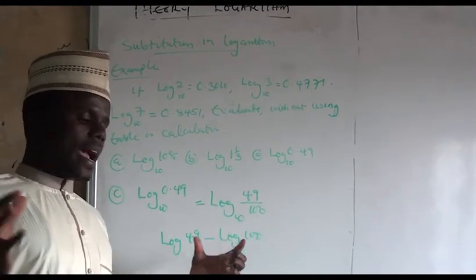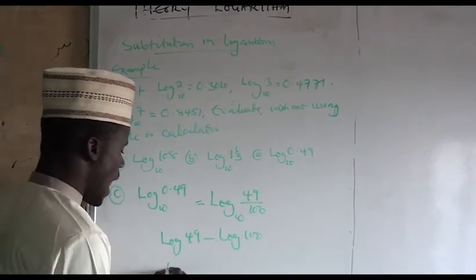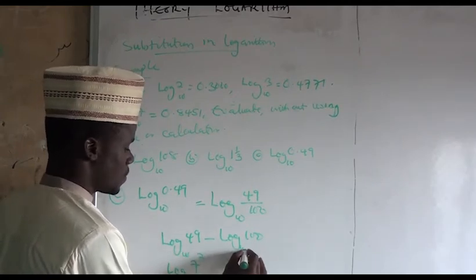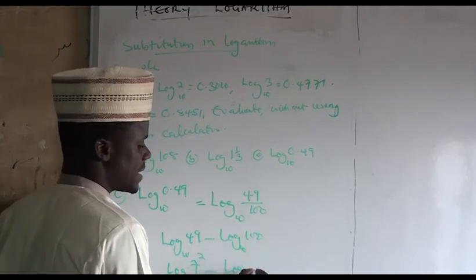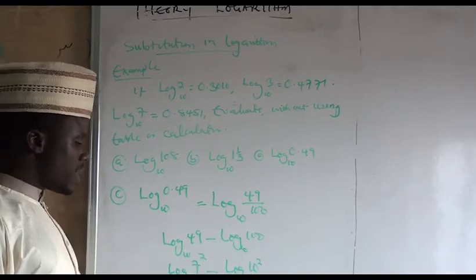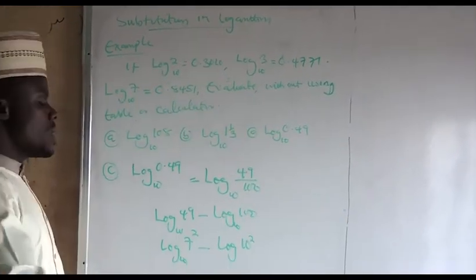Now 49 is the same thing as 7 squared, base 10, minus logarithm of 100, we can say logarithm of 10 squared. Because 10 squared is 100, 7 squared is 49.